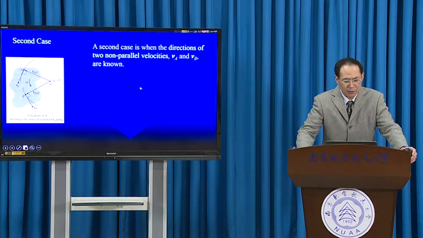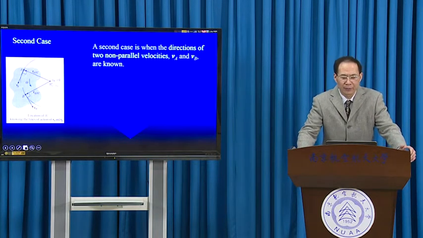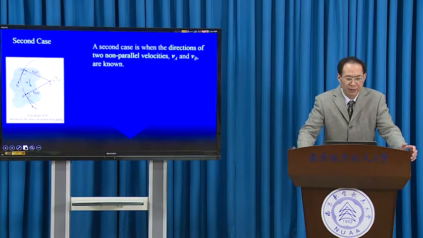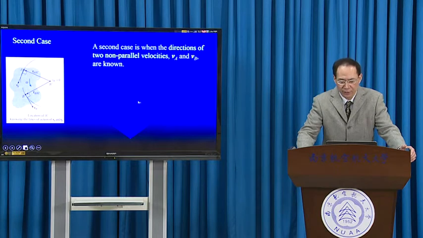To answer this question, we should also compare this diagram with the diagram we have already discussed for rotation about a fixed axis.